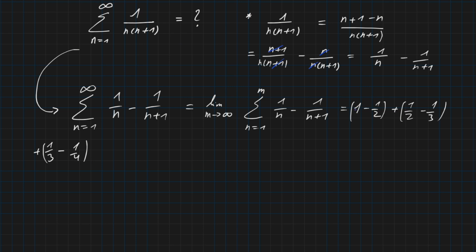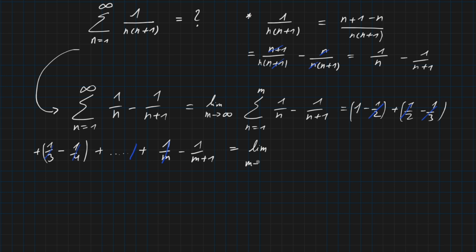So the first term stays here, but the second term cancels out with the subsequent term, and the same holds true for all the subsequent terms you have. So minus 1 over 3 cancels out with the subsequent plus 1 over 3, and the same happens for 1 over 4. So if we continue with our sum, we eventually arrive at 1 over m minus 1 over m plus 1. But this plus 1 over m cancels out with the preceding minus 1 over m, which is here somewhere.